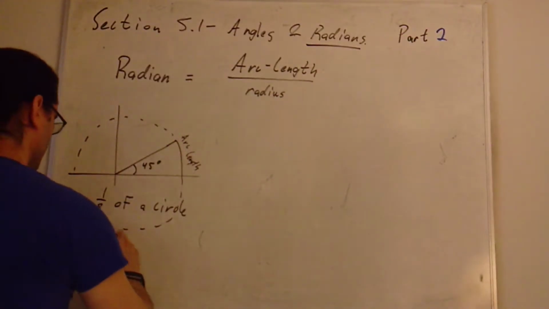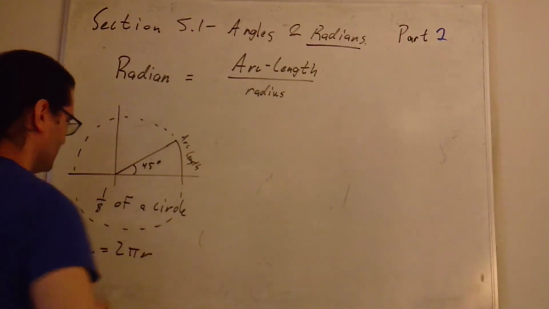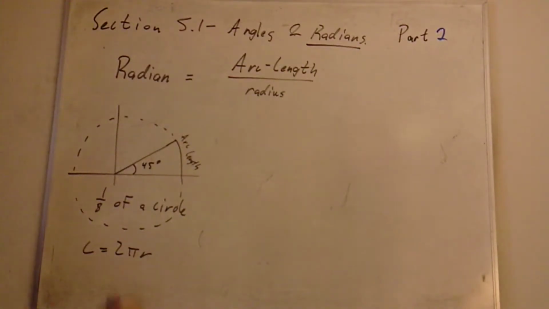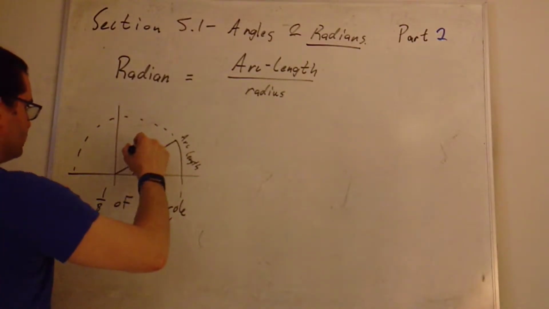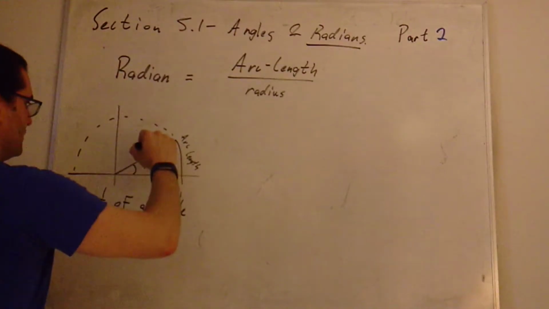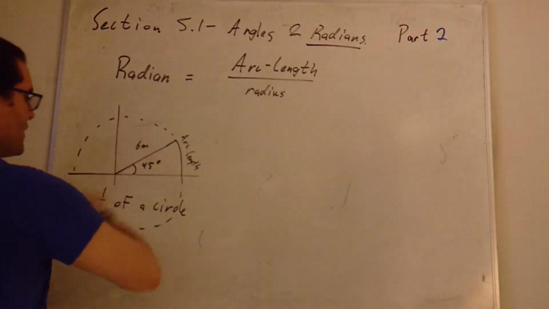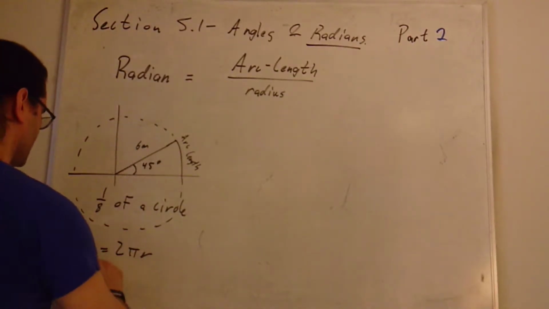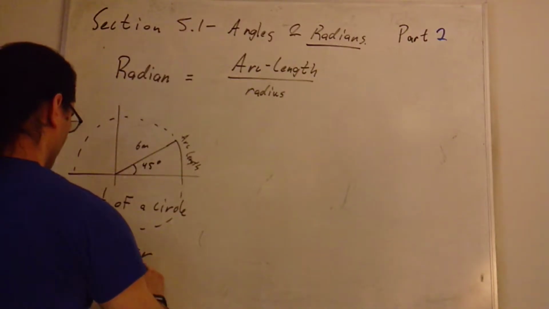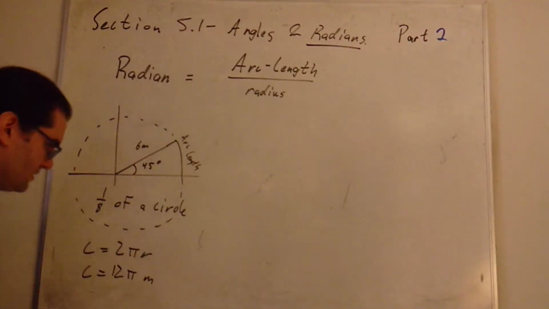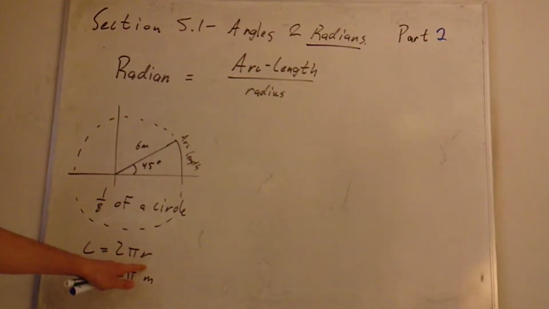So the circumference is 2 pi r. Oh, I need the radius, don't I? Let's say that the radius of this one is 6 meters. We just talked about how much better meters are, so we'll go with meters. If the radius is 6 meters, that means the circumference is 12 pi meters, because it's just 2 pi times that 6.